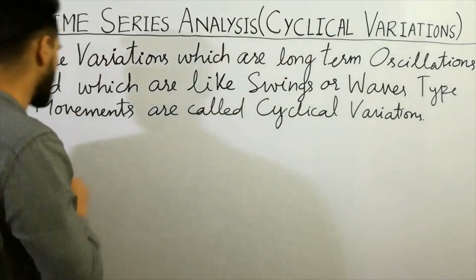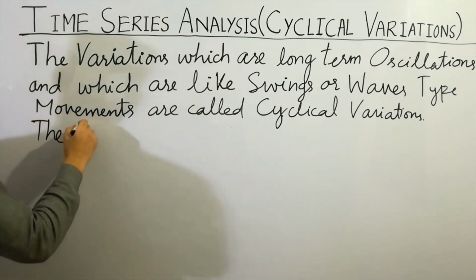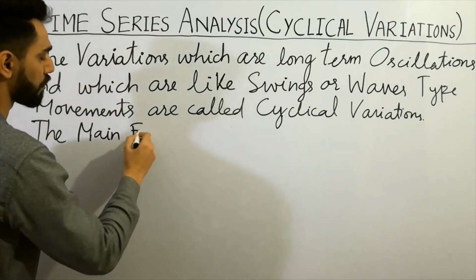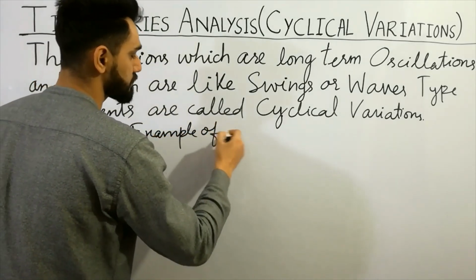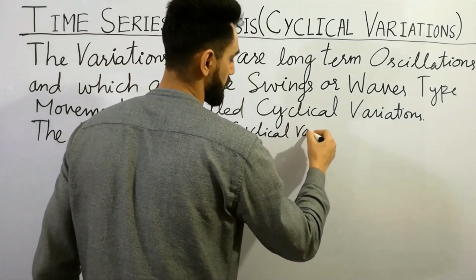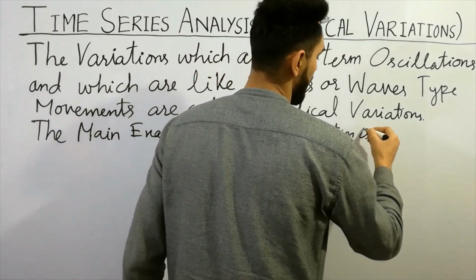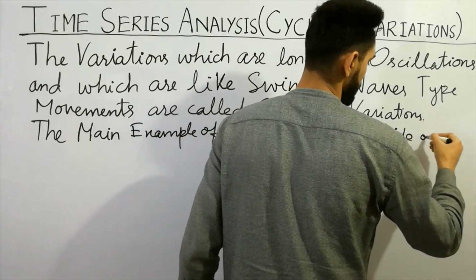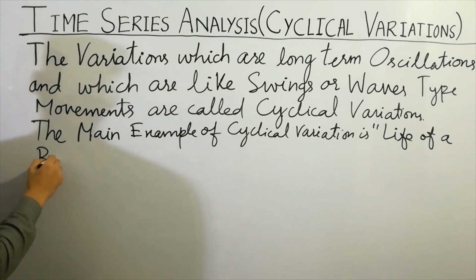So here I can write: the best and main example of cyclical variation is the life of a businessman. Must remember, very important point.